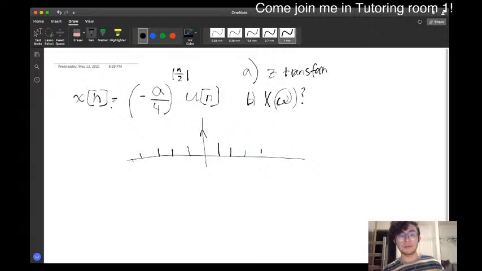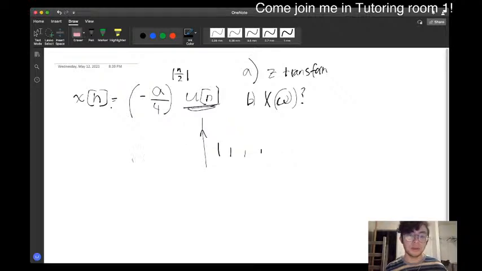So we have this non-causal signal, but we're multiplying it by a unit step function. So actually, my mistake, this is actually going to be a causal signal. Great, that makes it even easier for us. If we hit it with the unit step, then we get something on the right side. These aren't the actual values, just an example.